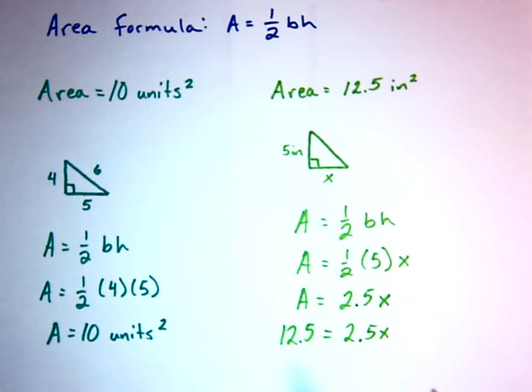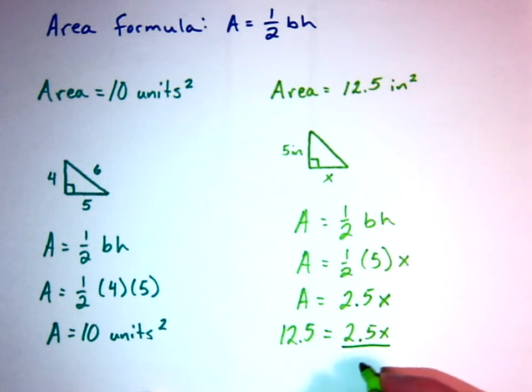Once we get here, you can solve it mentally or use the strategies we've learned for solving one-step equations. In order to solve this, we need to do the inverse operation of what is being done to the variable. The variable is being multiplied by 2.5, and inverse means opposite, so the opposite operation is divide.